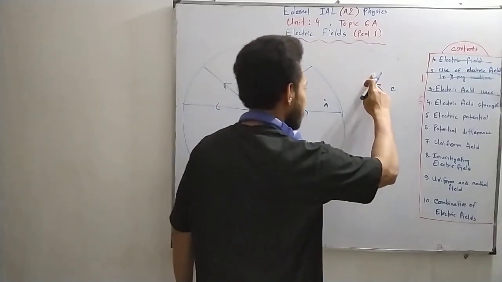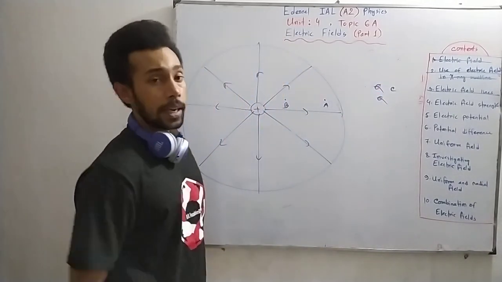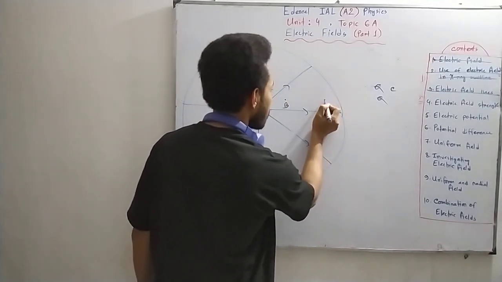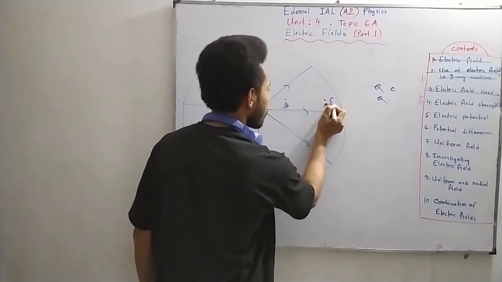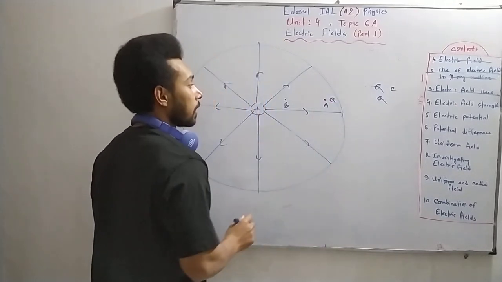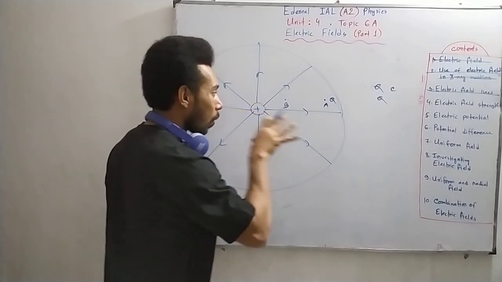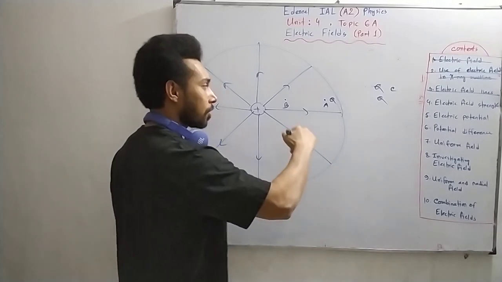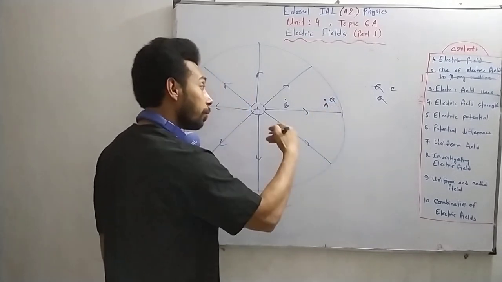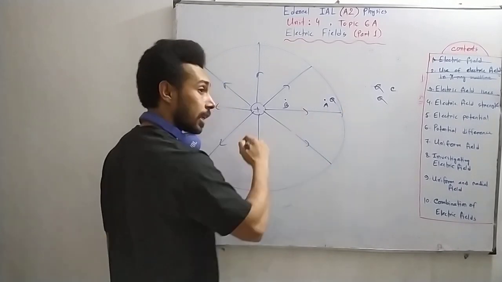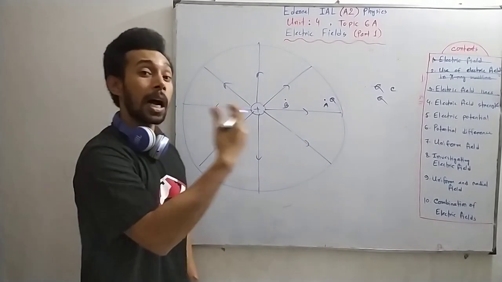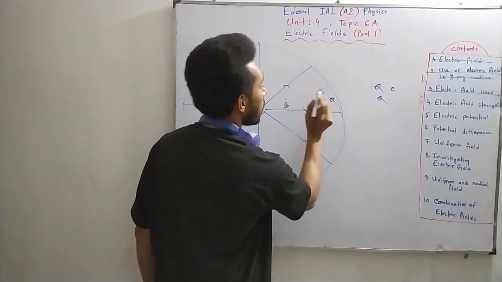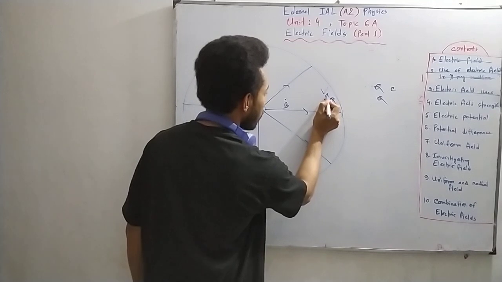Now, ignoring the sign, let us define what electrical potential is. If you want to bring Q coulomb charge to the point A, then the work done or energy transferred to the Q coulomb charge to bring it to the point A from infinite distance, that is, from outside the field, is defined as the potential of the point, and we'll denote it with VA.